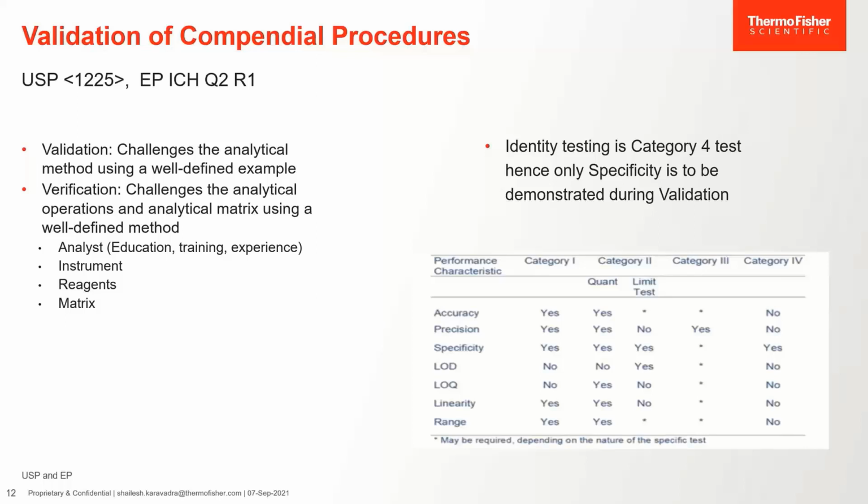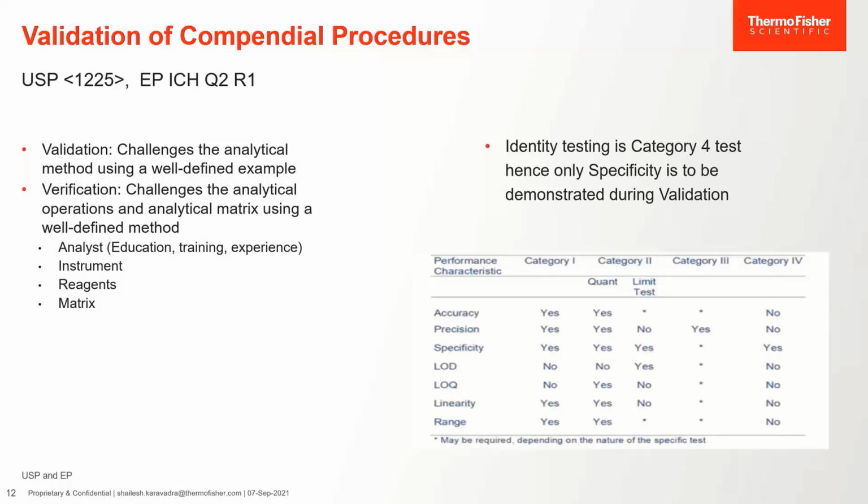Validation of the method is to prove through a series of studies that a particular method will meet the intended analytical application. And those studies are accuracy, precision, specificity, detection limit, quantitation limit, linearity, range, ruggedness. If you have to implement vibrational spectroscopy tools for any of the compendial testing, then validation is a must.